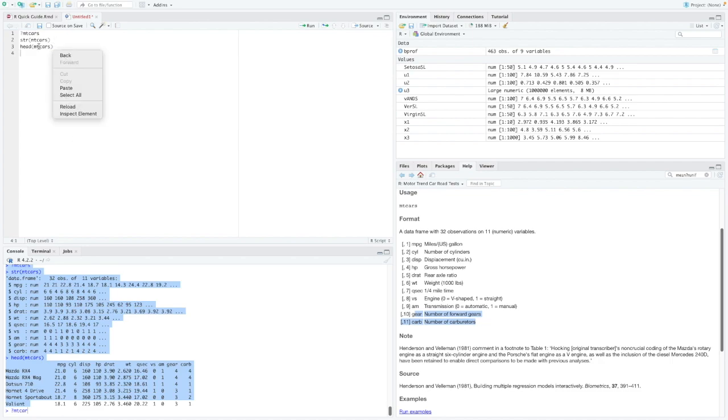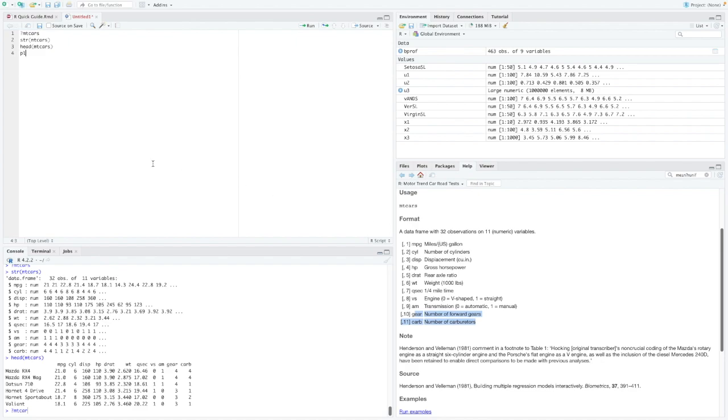So let's think about this data set, mtcars. When we're graphing, we have our independent variable, that's our x-axis, and our dependent variable, that's our y-axis. I'm going to think that weight has an influence on miles per gallon.